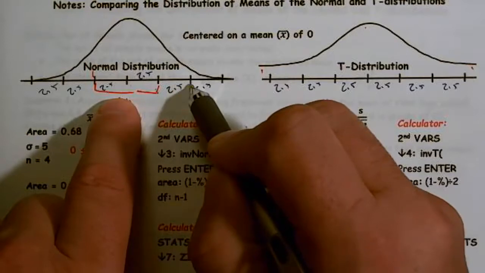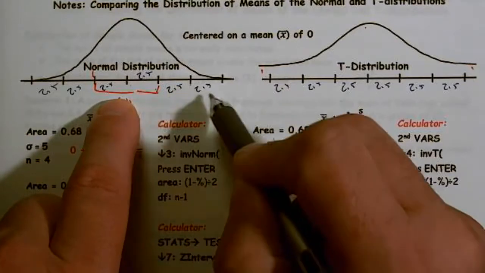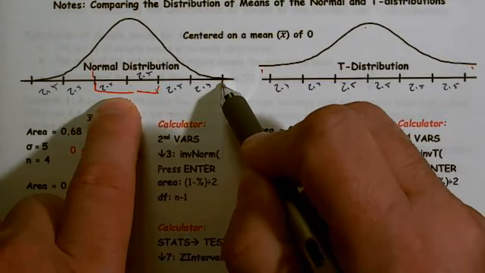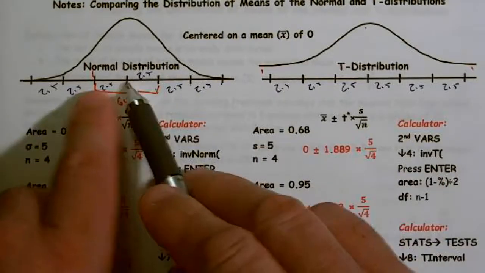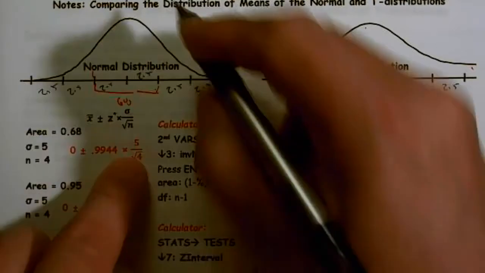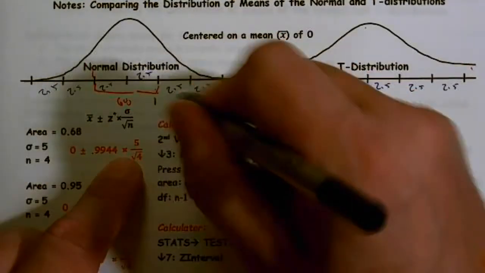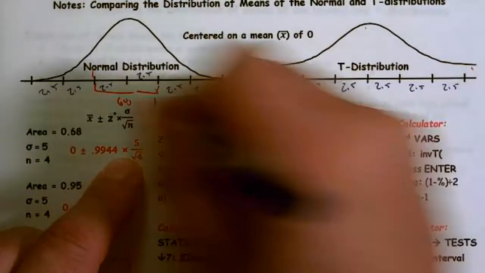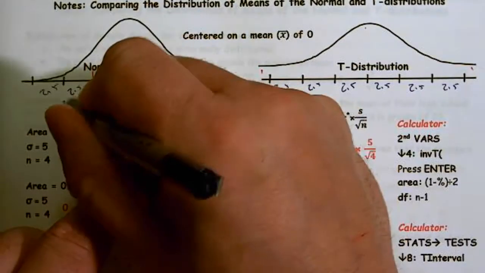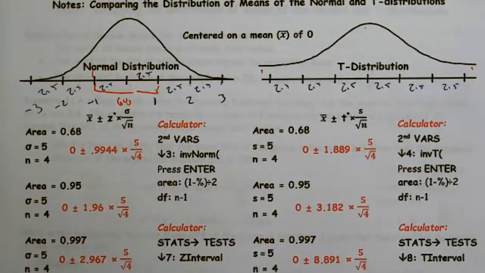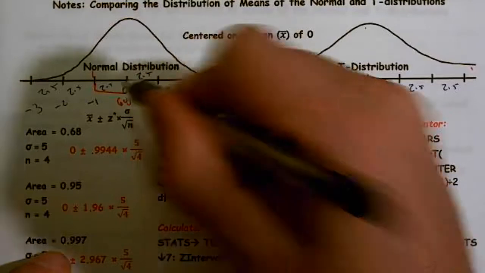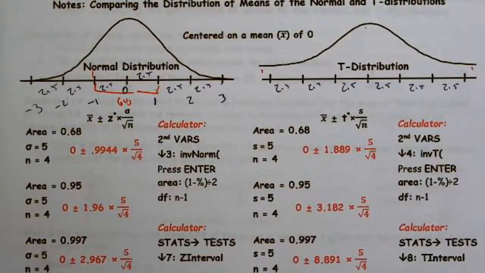This would be an additional 2.5 at 2 standard deviations, and this is another 2.5 at 3 standard deviations. All right, so the distance is the same between each one of these, and this is 1 standard deviation, 2 standard deviations, 3. This is -1, -2, -3, and they have the same distance from the mean, and we centered this at 0.